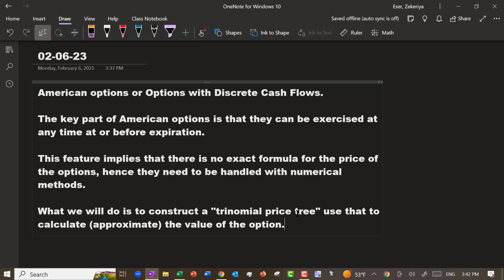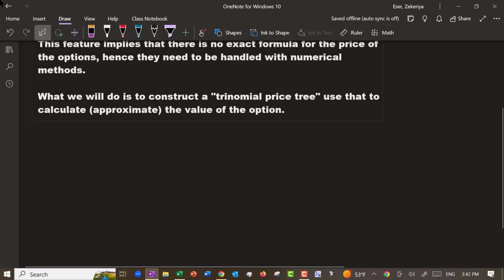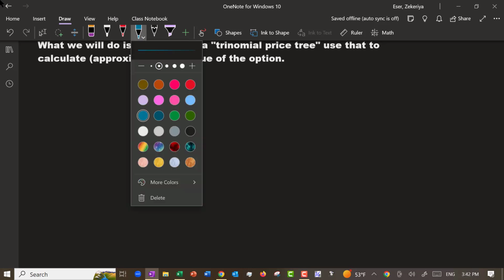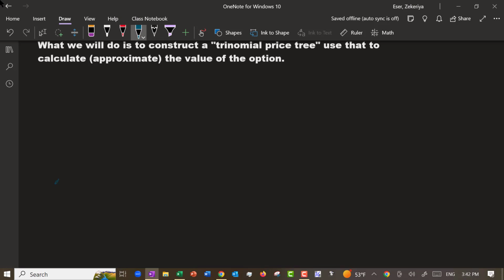Now let's go over the approach. The rough idea is you start with a certain price, the current price now. We're going to think about dividing the time between now and the maturity.